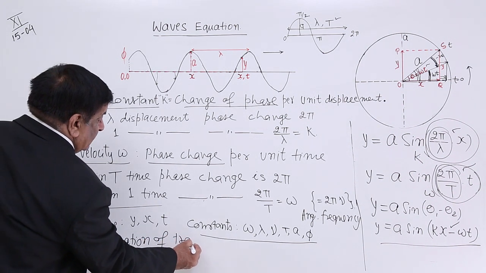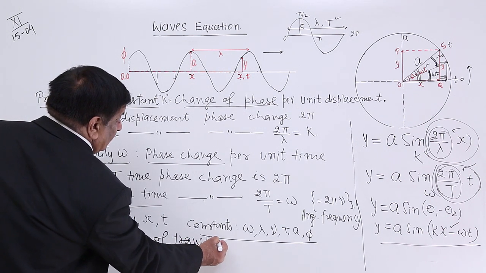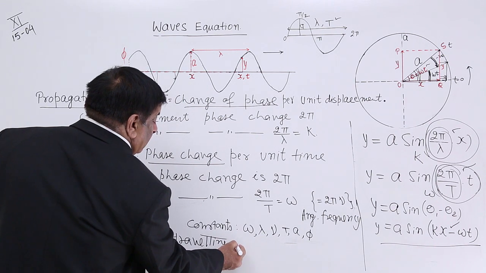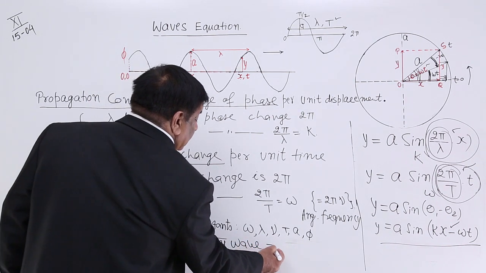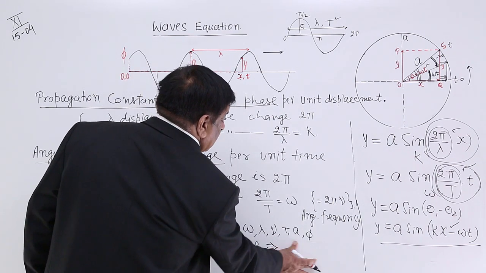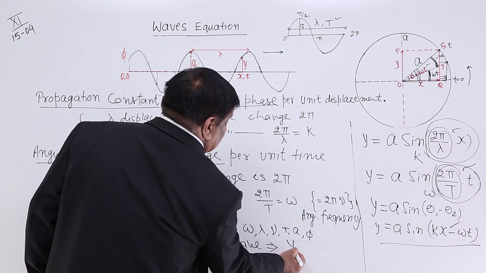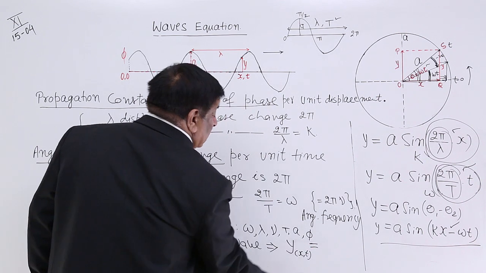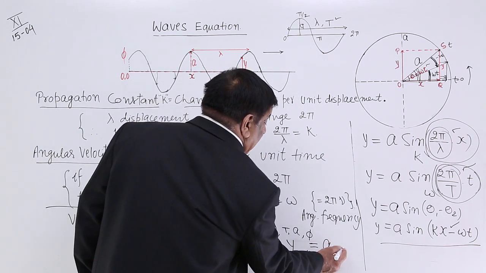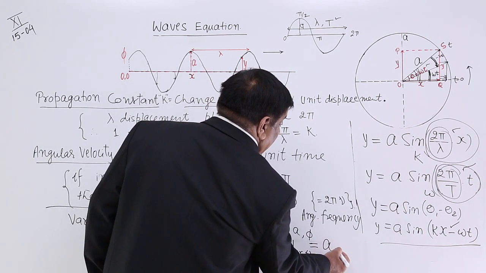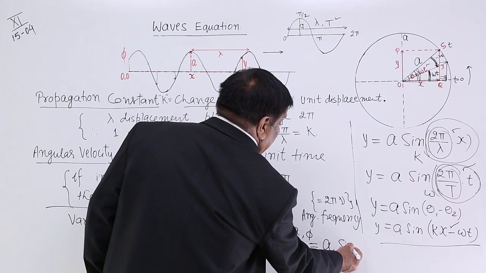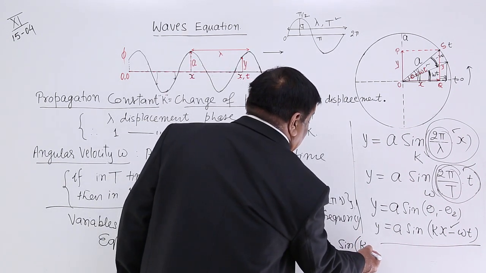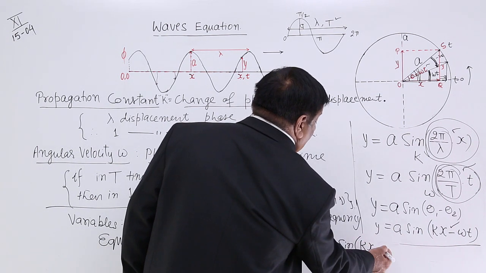Equation of traveling wave is: y at any instant at distance x, time t, is equal to amplitude A into sine, and the angle of this sine is kx minus omega t.